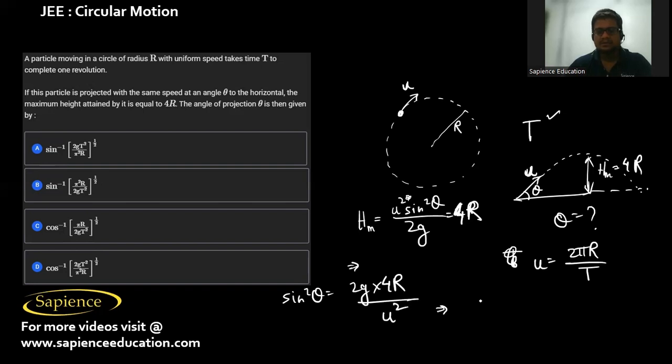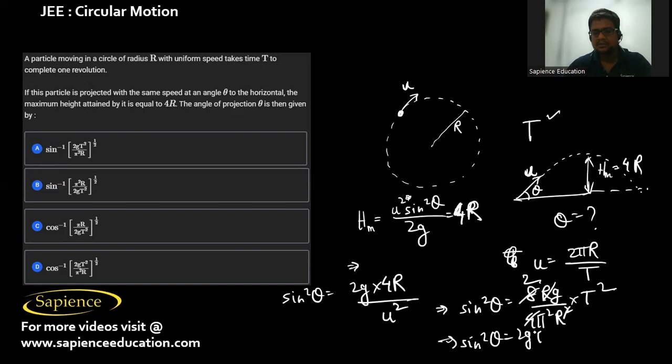So sin square theta is equal to 8rg by u square, which is 4 pi square r square by T square. 4 into 2 is 8, so r will cancel. So sin square theta is coming as 2g T square by pi square r.